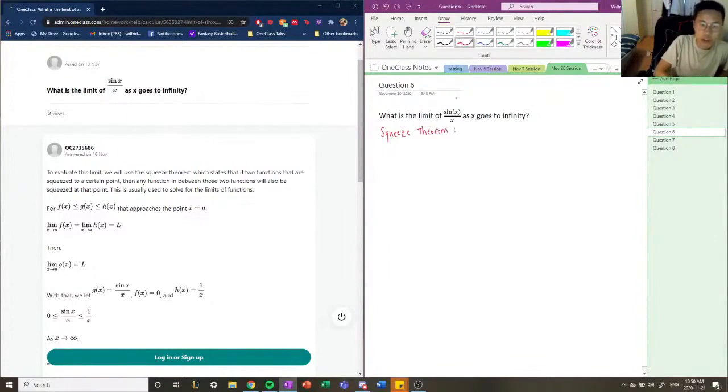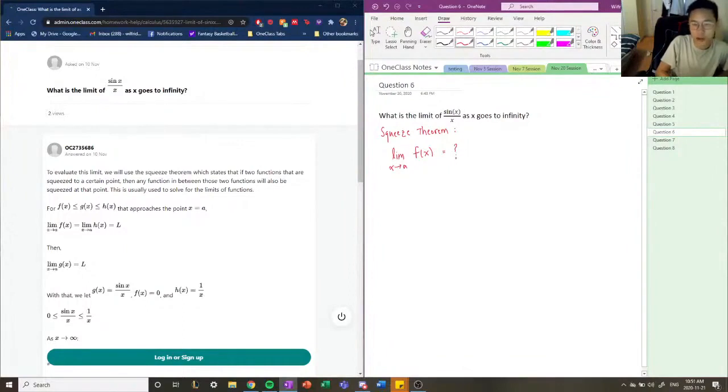Let's say that we're trying to find the limit as x approaches value a of a function, and we cannot find that limit using conventional methods of substitution, algebraic techniques, or using the conjugates.